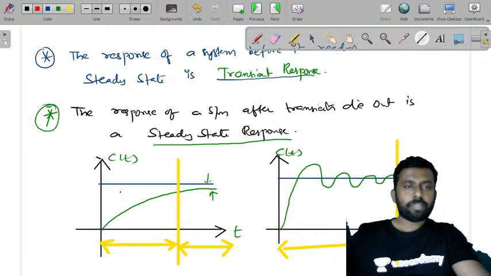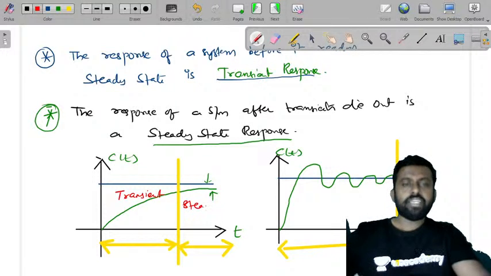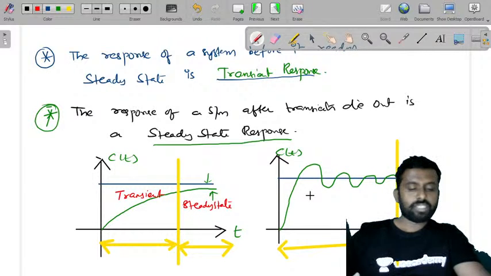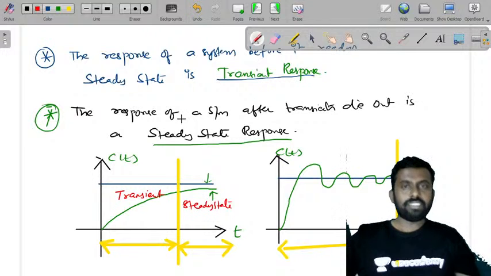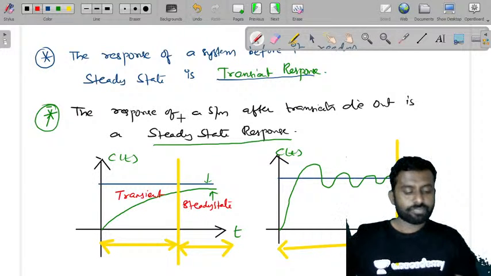So this is transient, this is steady state. So this is an exponential response, this is an oscillatory response. So you can have either an exponential response or an oscillatory response, right? So this is about transient response and steady state response of a system.